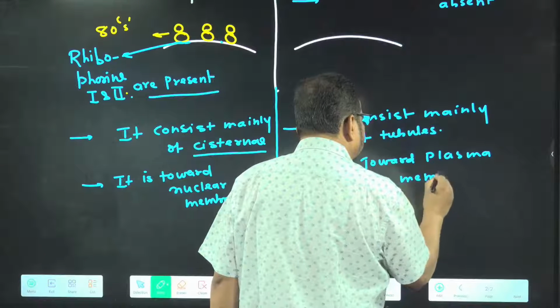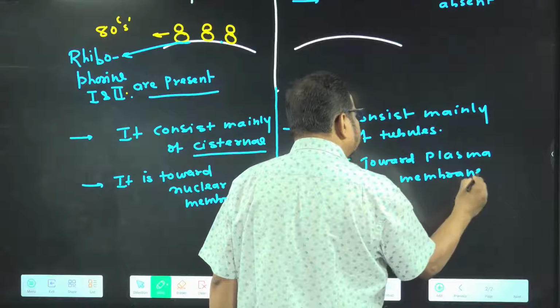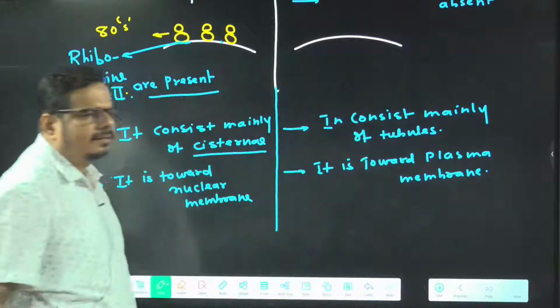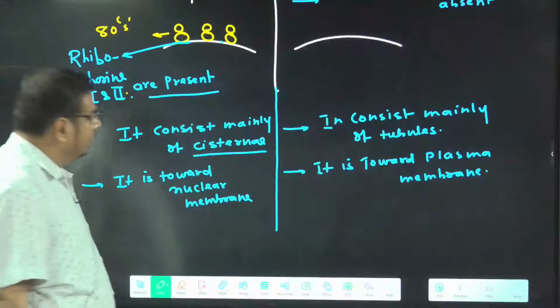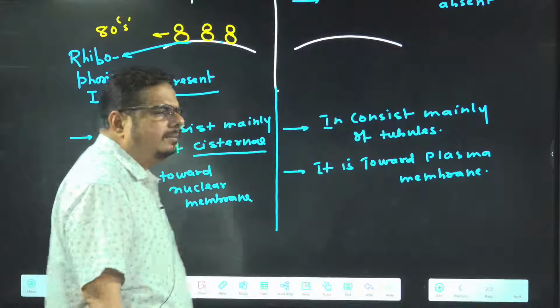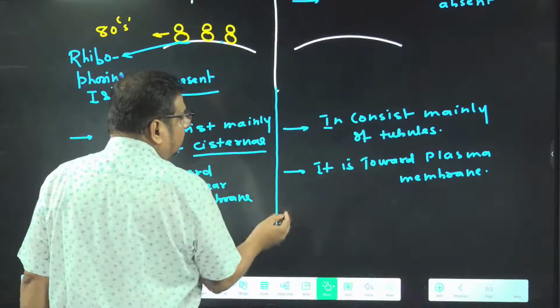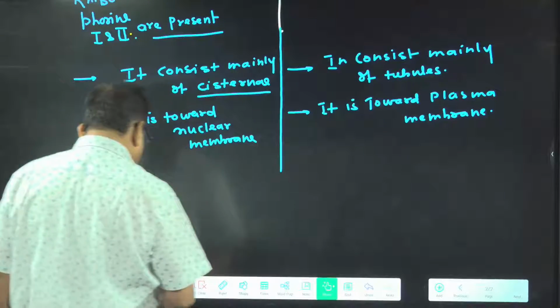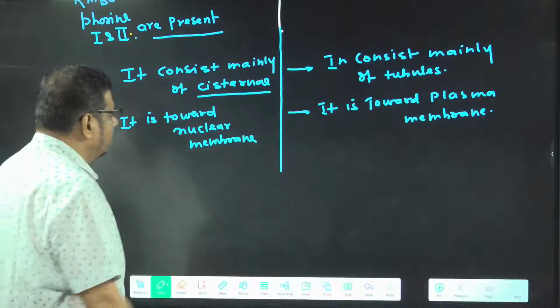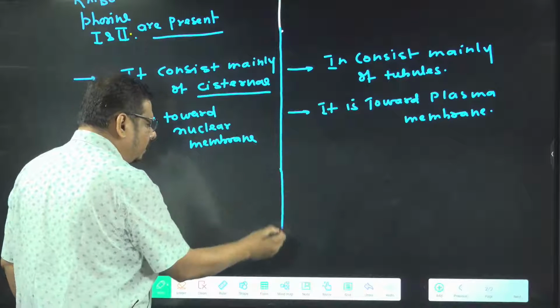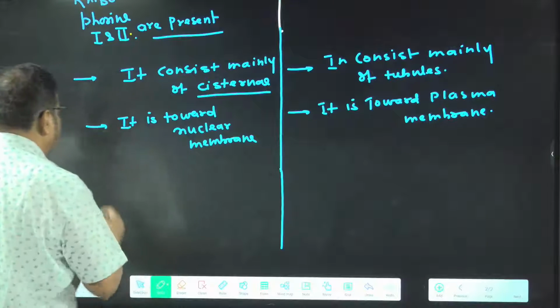I already told you one side is attached with the nuclear membrane, another side is attached with which one? Plasma membrane. So toward the plasma membrane, a smooth endoplasmic reticulum is there, and toward the nuclear membrane, rough endoplasmic reticulum is there.